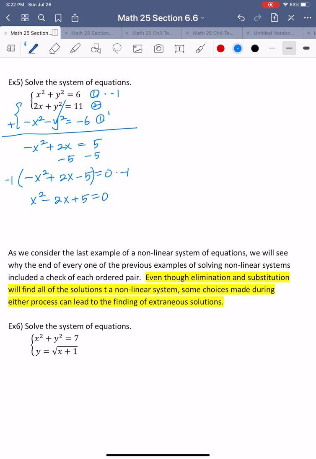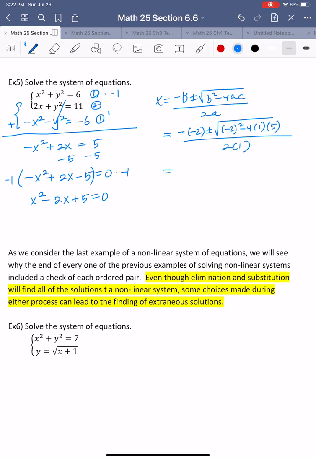This equation is not factorable, so I have to use the quadratic formula, which is negative b plus or minus the square root of b squared minus 4ac, over 2 times a. So negative of negative 2, plus or minus the square root of negative 2 squared minus 4 times a times c, over 2 times 1. And then 2 plus or minus the square root of 4 minus 20, and then 2 plus or minus the square root of negative 16.